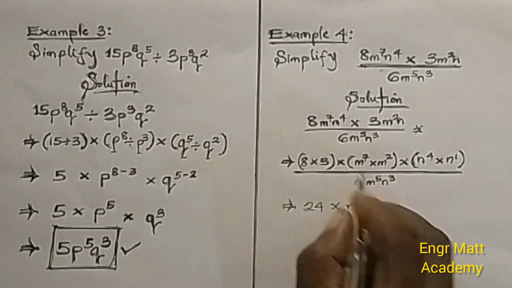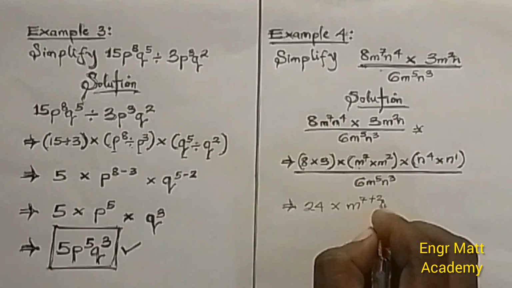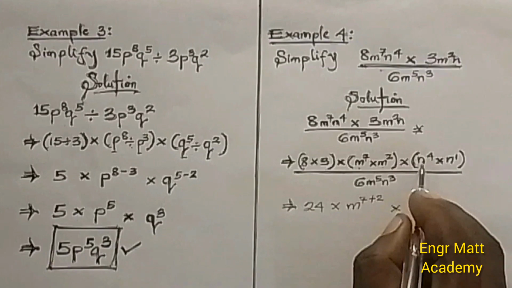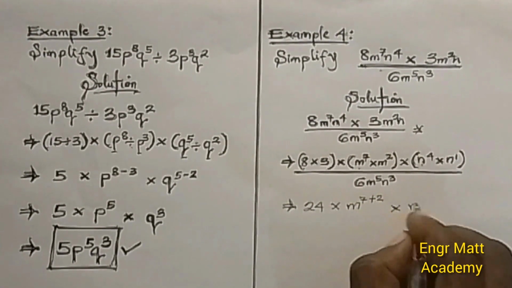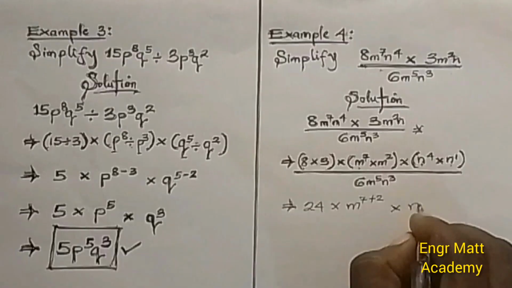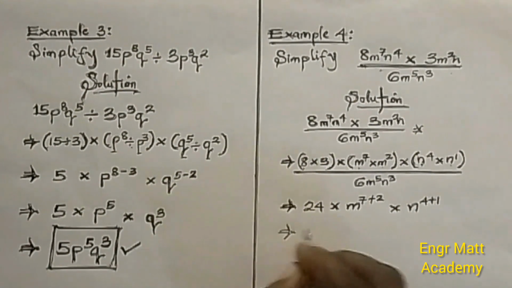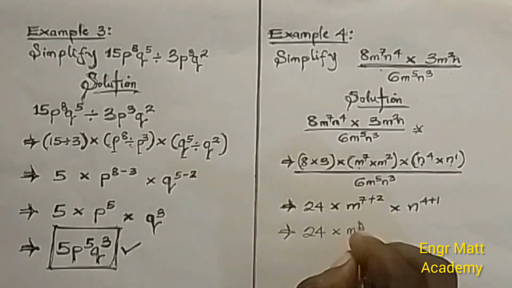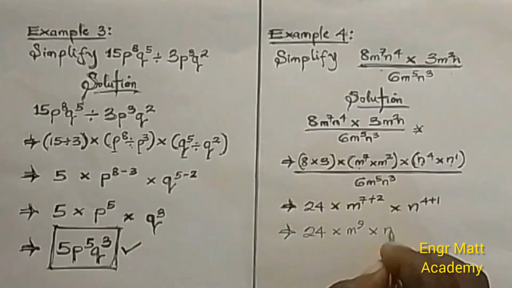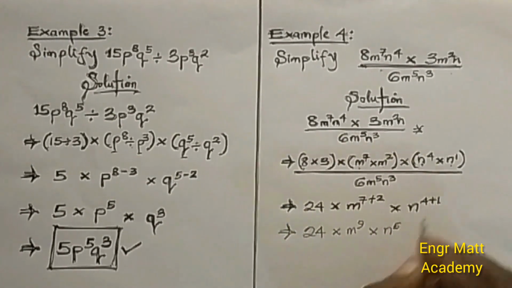Since the bases are the same, we add their powers: 7 plus 2, times n raised to power 4 times n to the power 1. Since they have the same base, n, we add the powers: 4 plus 1. Next, we get 24 times m raised to power 9, 7 plus 2 is 9, times n raised to power 5, 4 plus 1 is 5.